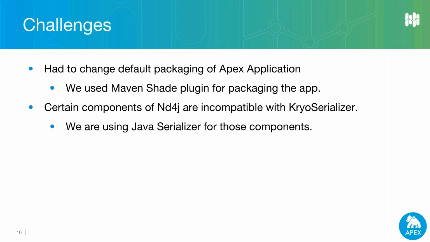The dependencies are a dependency jar, not the classes directly. But because DL4J has native code, we had native libraries that the application jar was not able to access in the classpath. So we had to change the packaging mechanism. We had to use the Maven shade plugin and do the packaging in a different way.